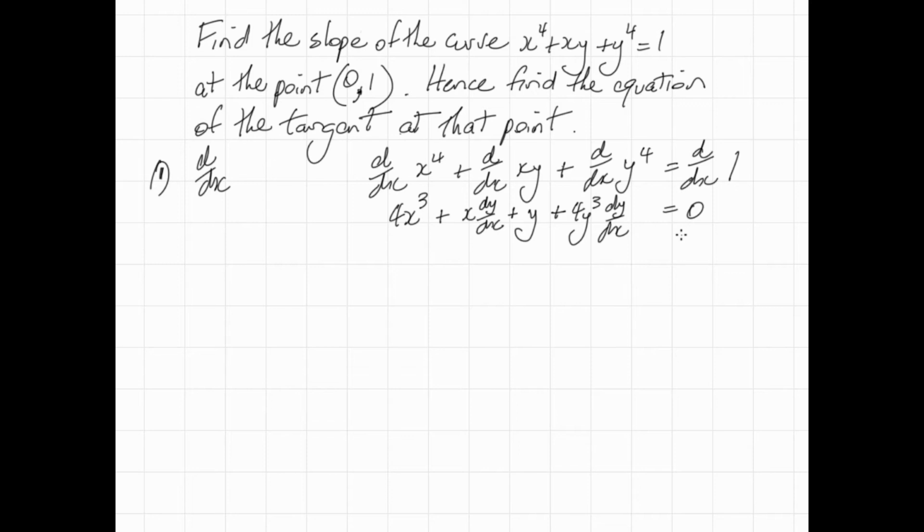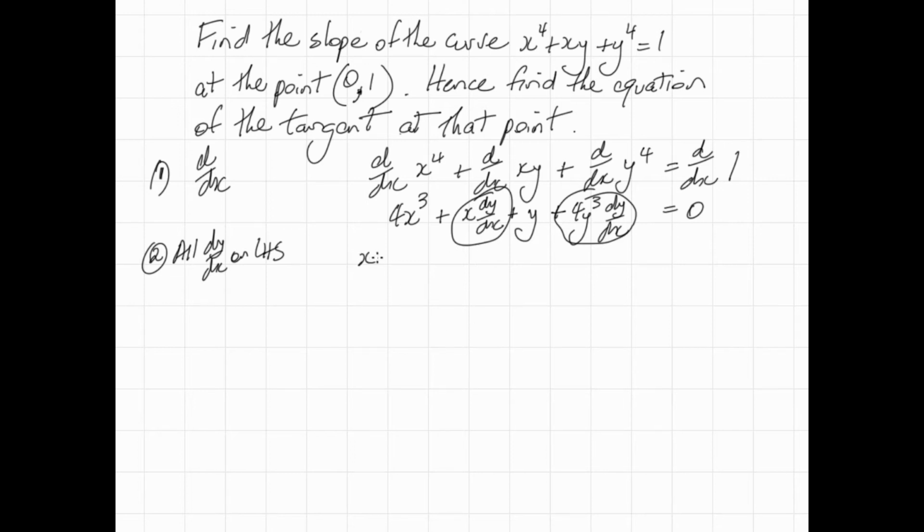Okay, so the next step is to get all the dy/dx terms on one side, on the left hand side, LHS for left hand side. Here's a term with dy/dx, here's a term with dy/dx, so we'll get them on the left.